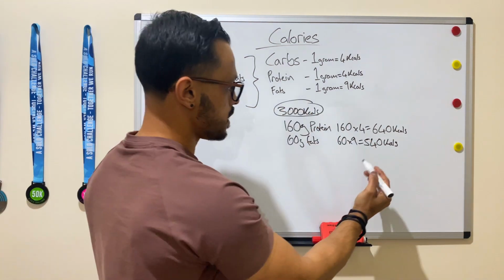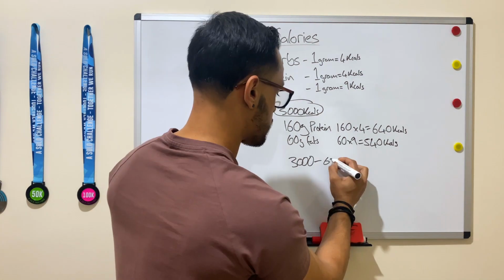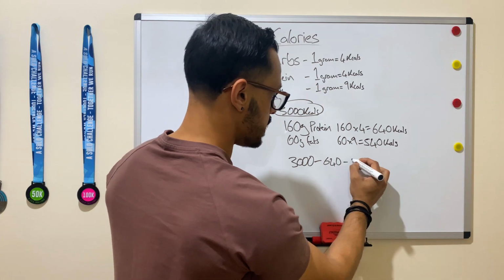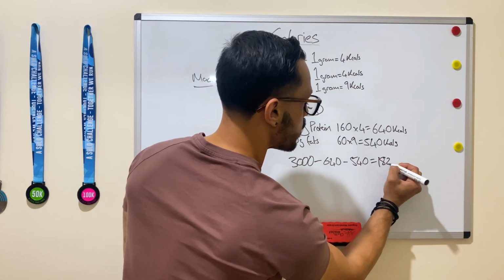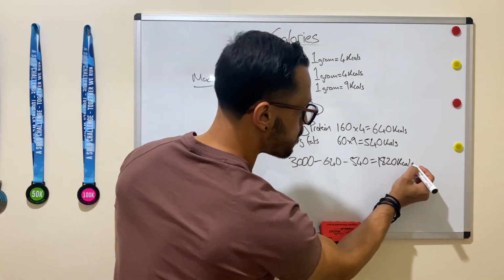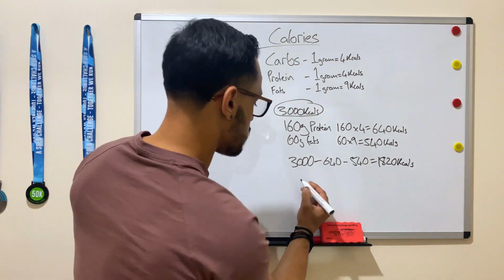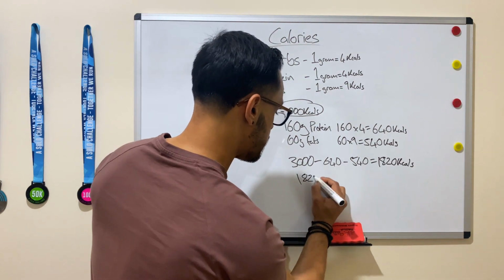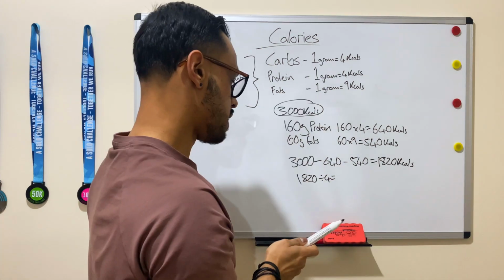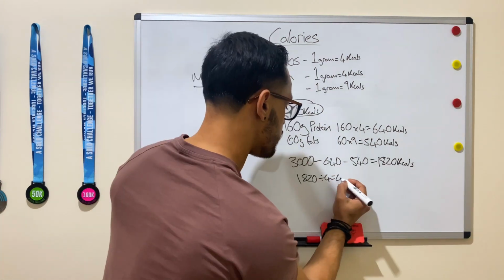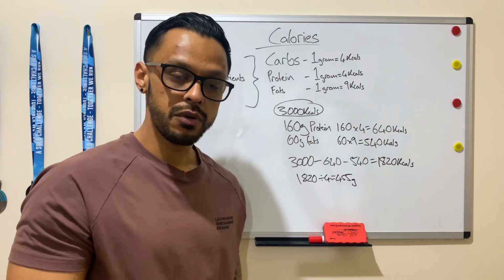You work out the difference. 3000 minus 640 for protein minus 540 for fats gives me a total of 1820 calories remaining for carbs. Now to work out how many grams of carbs that is, simple. You go 1820 calories divided by 4, because carbs have 4 calories per gram, so it gives me a total of 455 grams of carbs, and that is how I calculate my macros.